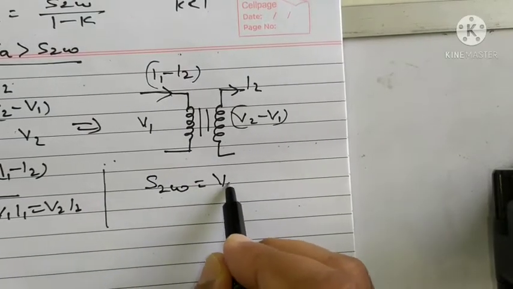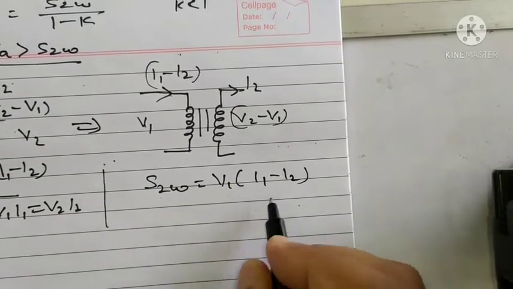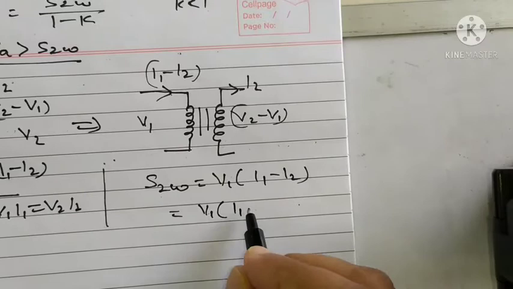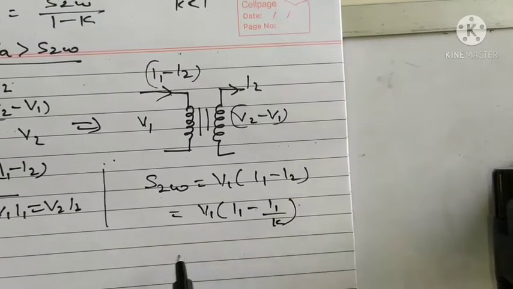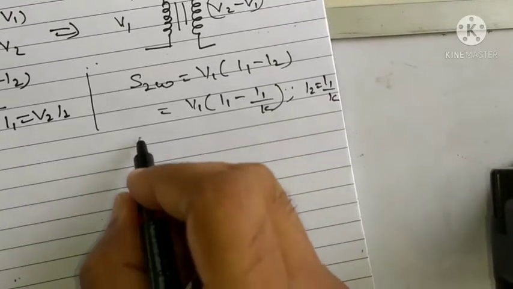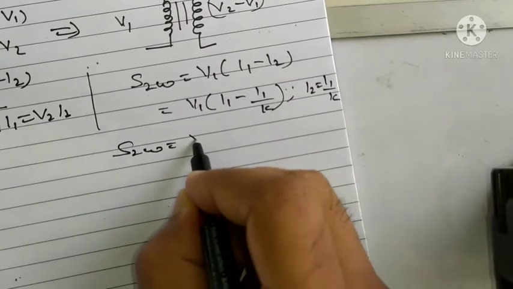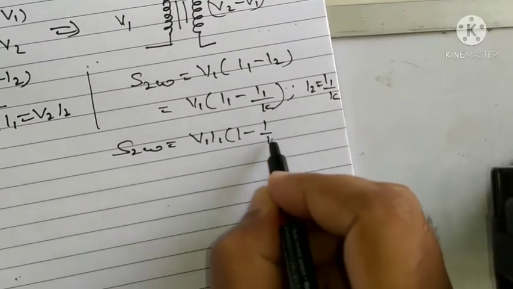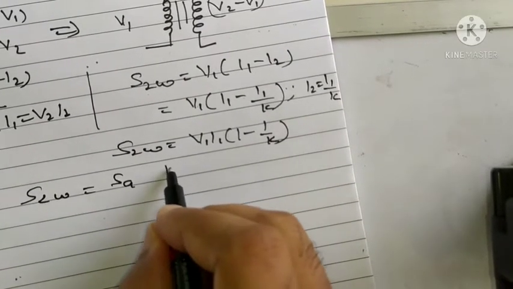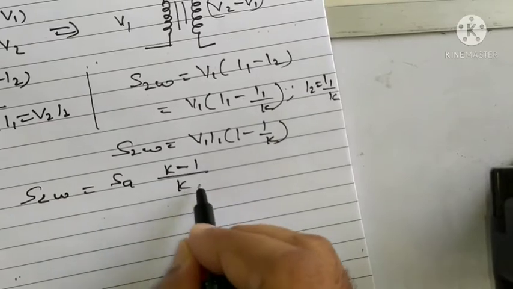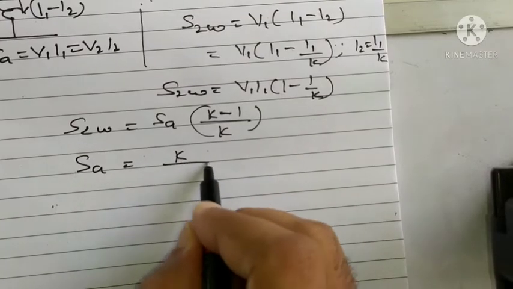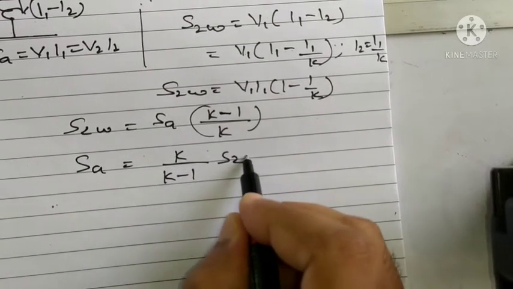So take any side. S2 winding will be V1 times I1 minus I2. What is I2? I1 by K. So it will be written as V1 times I1 minus I1 by K, where I2 is I1 by K. So S2 winding will be V1 I1 times 1 minus 1 by K, or S2 winding is S auto times K minus 1 by K, or S auto will be K by K minus 1 times S2 winding.